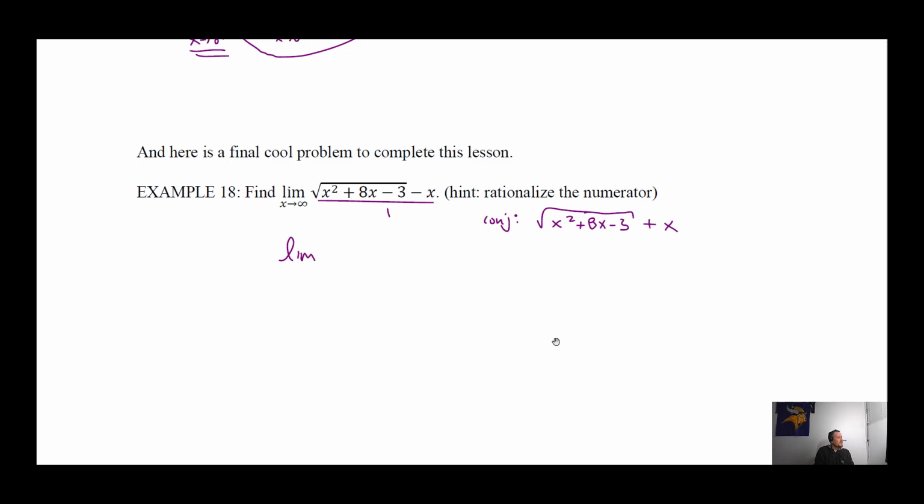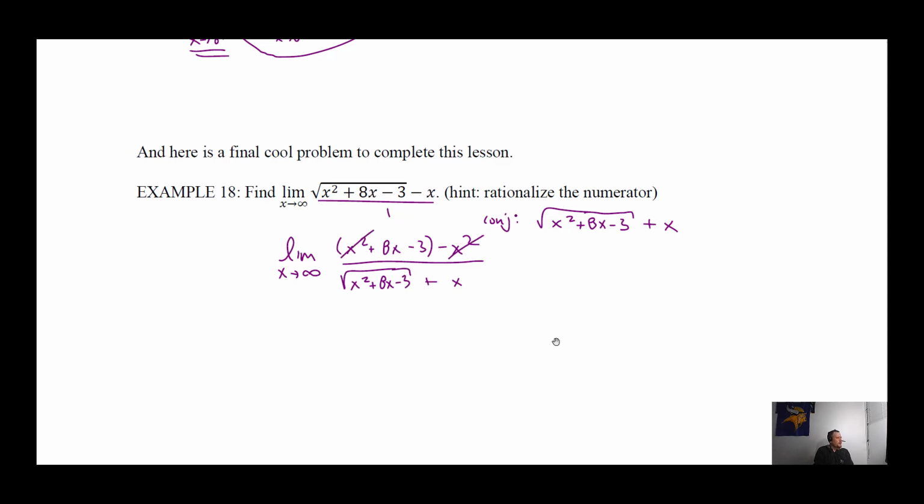If I multiply both top and bottom by the conjugate, you would get the first one squared, x squared plus 8x minus 3, minus the second one squared, all over that crazy conjugate, the square root of x squared plus 8x minus 3 plus x.